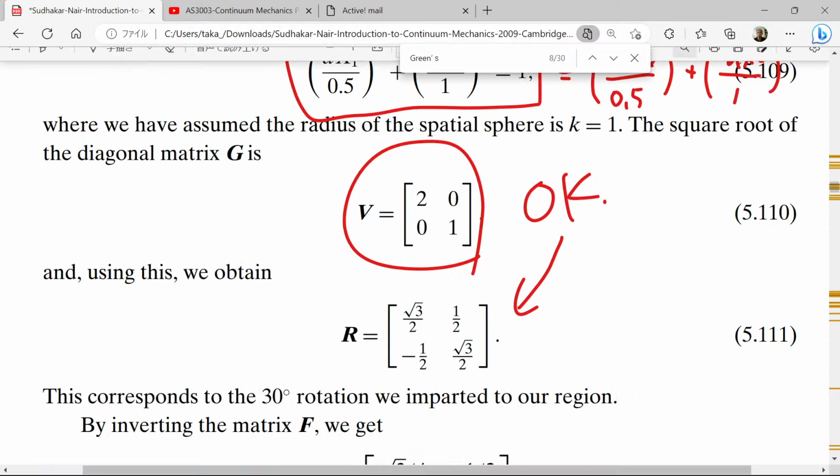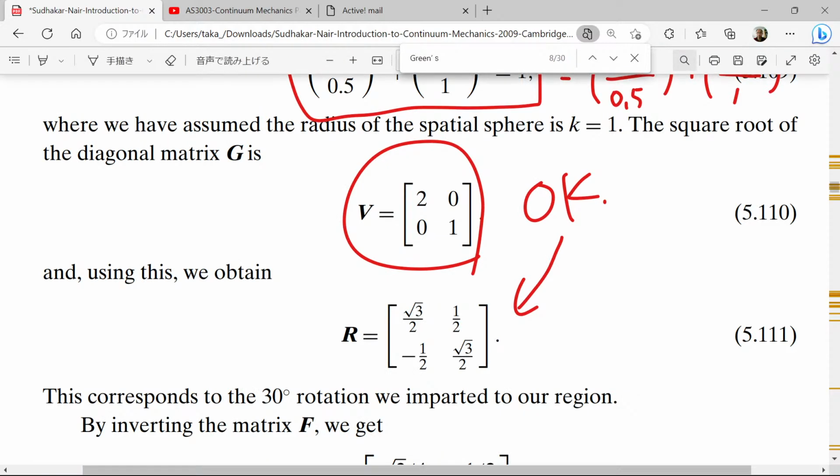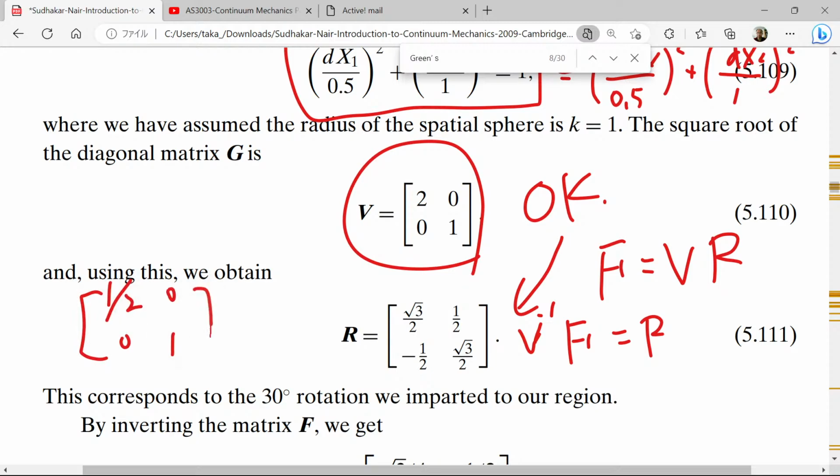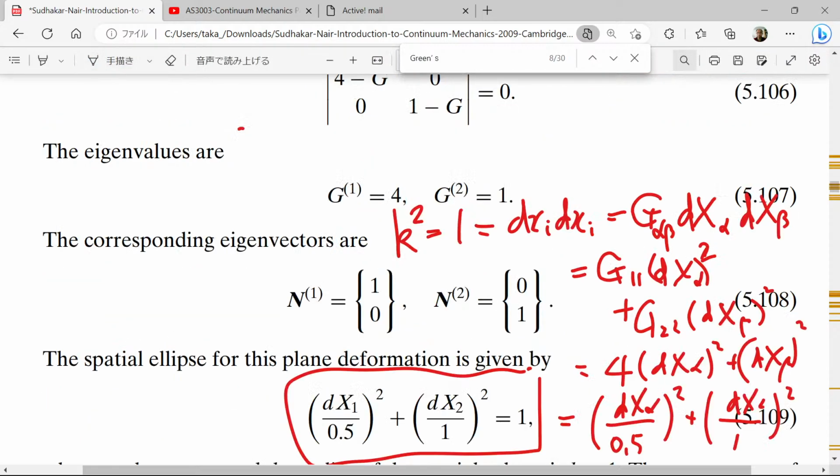F is VR. F equal VR. So V inverse F is R. So what is V inverse? This is 1/2, 0, 0, 1. And then F, what was F?